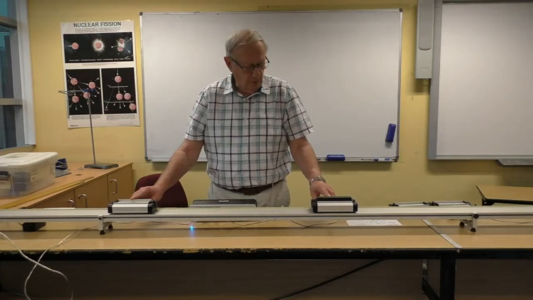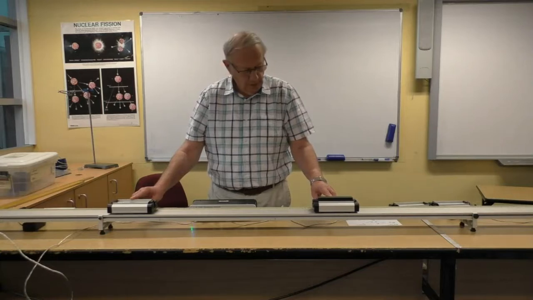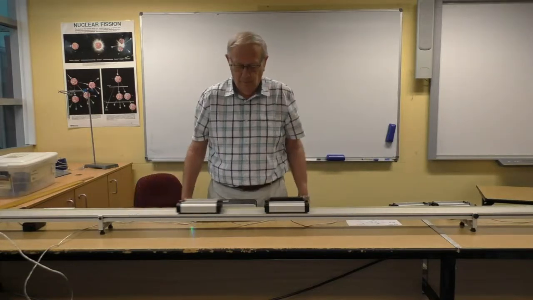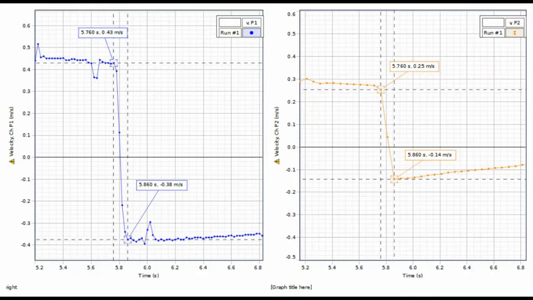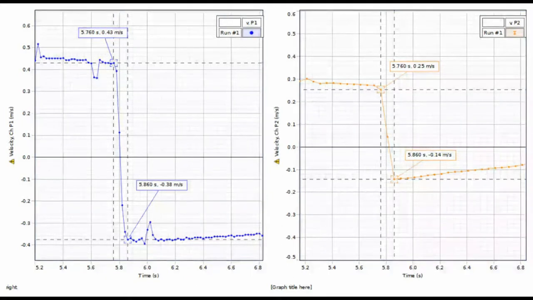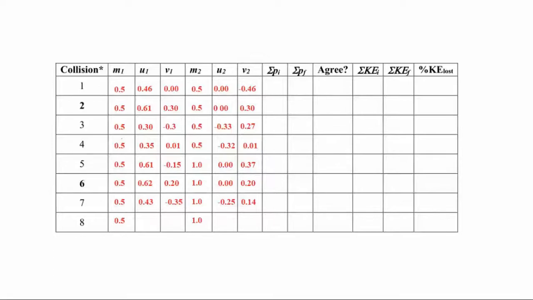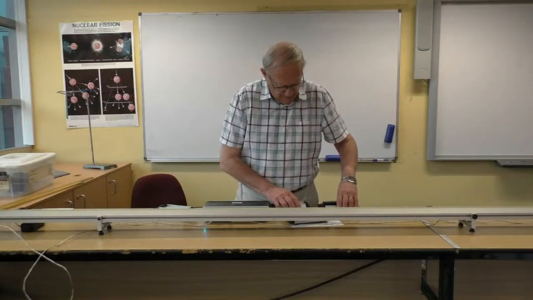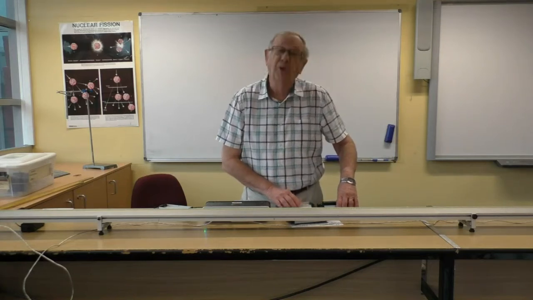This time we've got two unequal masses, and both of them this time will be moving, and the collision will be elastic. So figures of 0.43, minus 0.38, 0, minus 0.25 and plus 0.14. And after that we'll have an inelastic collision with two moving.